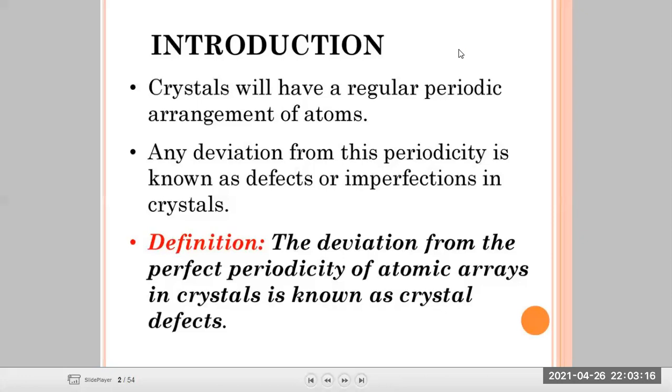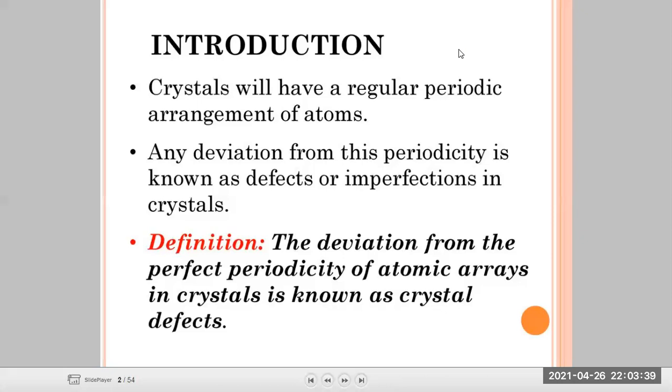And we also studied Miller indices. So why did we study Miller indices? In the previous classes, Miller indices mathematically gave us the information regarding the density of the constituent particles present in the crystal.